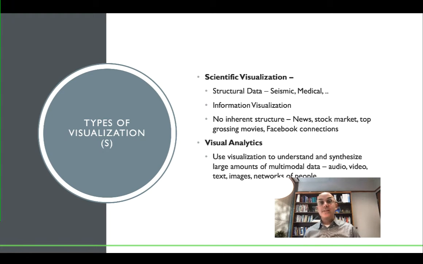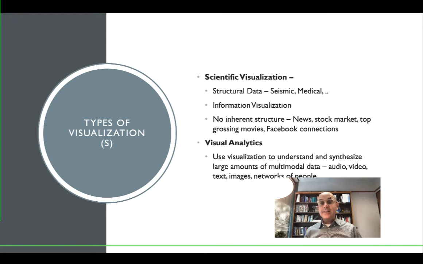Scientific visualization is about structural data, for example medical data. Then there is data with no inherent structure, for example news or stock market or Facebook connection. Those are scientific data, we can count it.